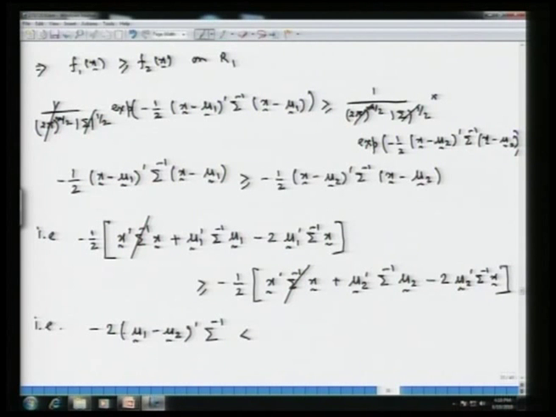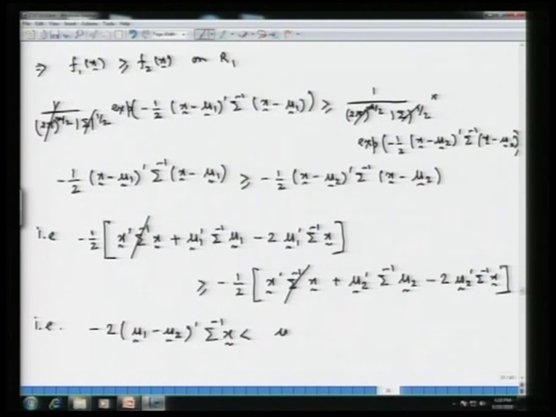So we can write it as the terms inside the bracket: minus 2 times mu1 prime sigma inverse x, plus the term which comes from this side, plus twice mu2 transpose sigma inverse x, and this is now less than the term that goes on the right hand side.